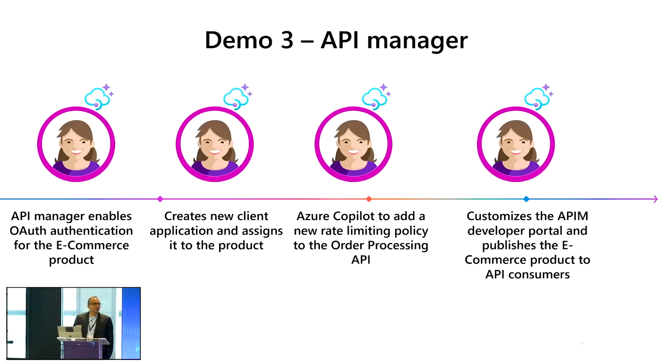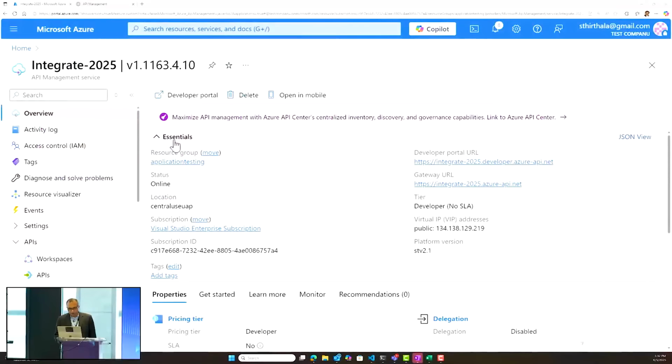This client application is what is going to be used by developers to essentially access the API. We will walk through Azure Copilot to create a policy. Alex showed the mocking policy. We're going to show a rate limiting policy that we will add to the order processing API. And then finally, we will close out with a quick demo of the developer portal and how to customize it right in this flow. So let's start.